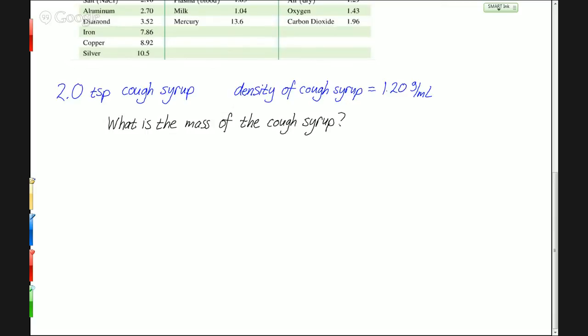How might you go about determining that? First off, we have to figure out if we have all the information we need, and if not, we need to get the information we don't have. So do we have all the information we need here, or do we need something else? What else do we need?